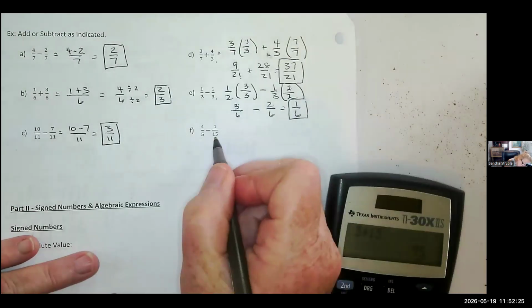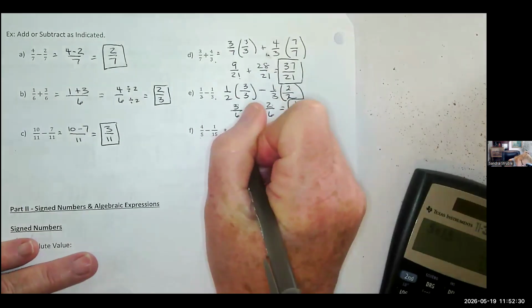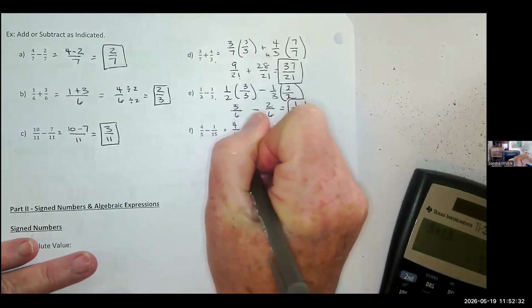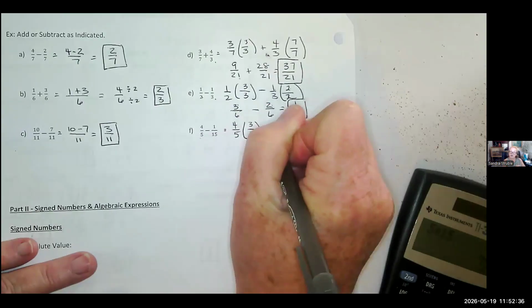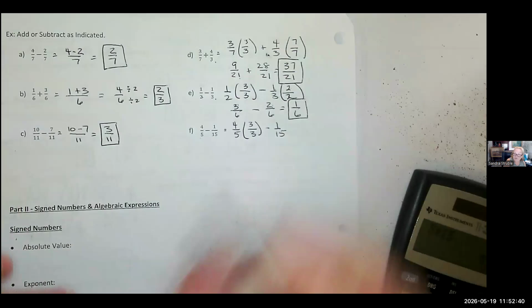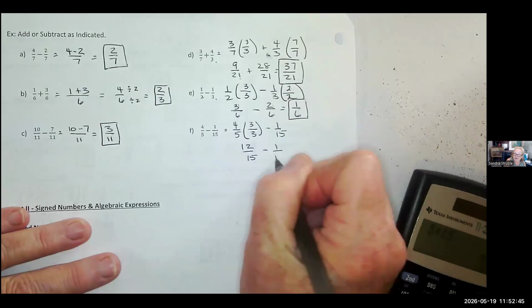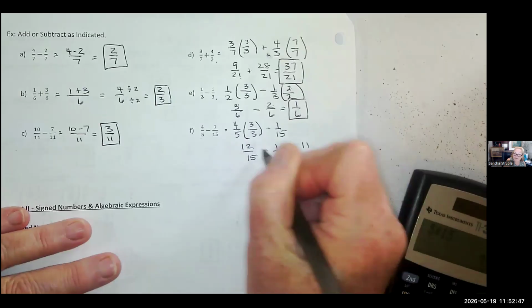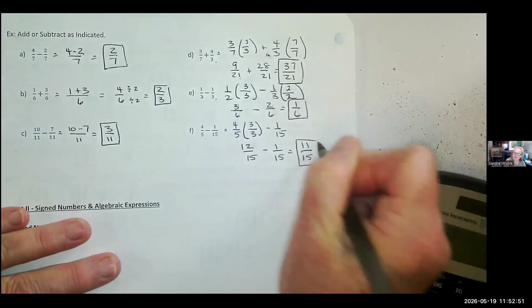So I'm just going to keep 15 as my common denominator. 5 times 3 will give me 15. And this one I don't have to do anything with because it's already 15. So 4 times 3 is 12 over 15 minus 1 over 15. 12 minus 1 is 11 over 15. That doesn't reduce.